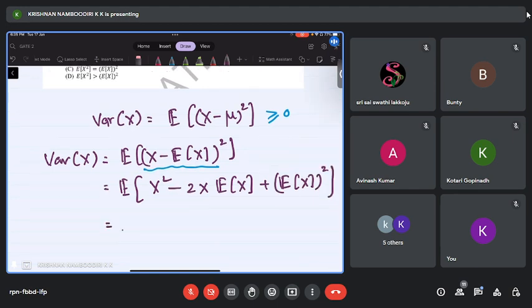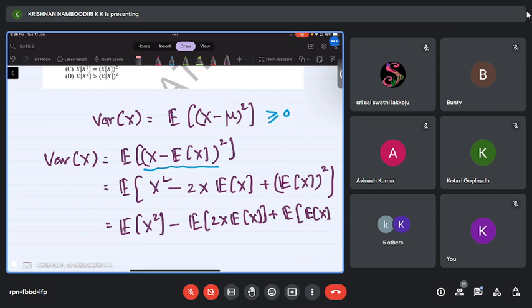Which is equal to, expectation is a linear operator, in other words you can write this as expectation of X square minus 2 expectation of X into expectation of X plus expectation of X square.